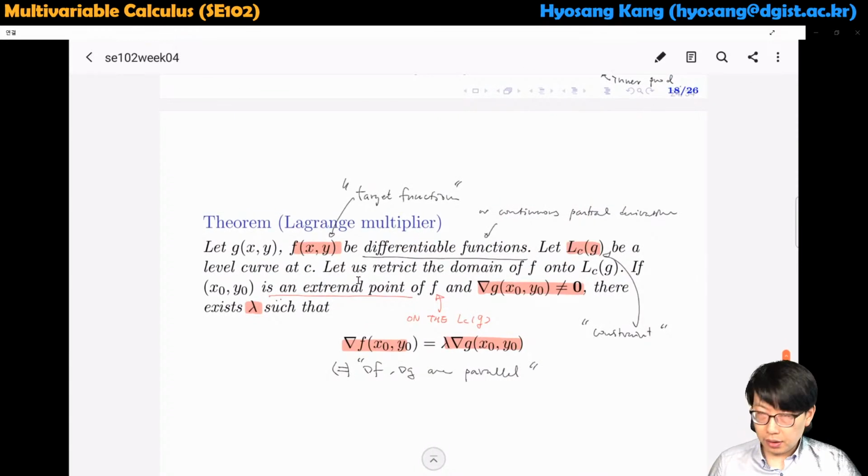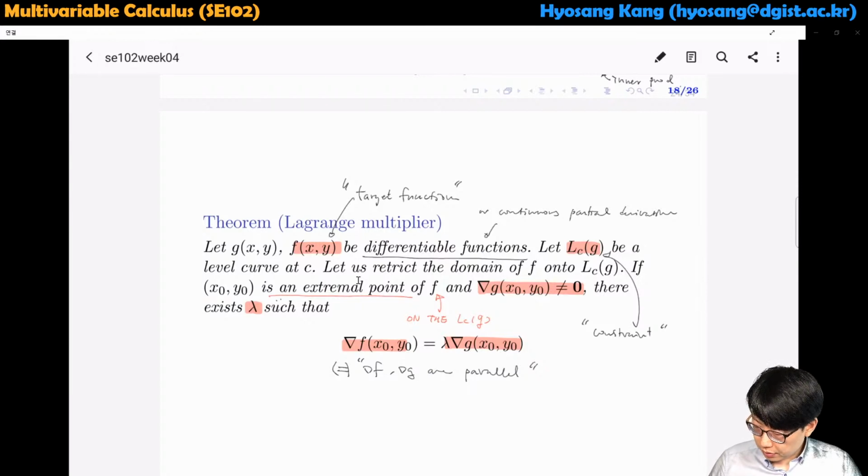It's based on this theorem, which tells you that if a point on a constraint, which is the level curve or level set of a given multivariable function, is an extremal point of some function, called the target function, then the gradient of f and the gradient of g, where f is the target function and g is the function that defines the constraints, are parallel.